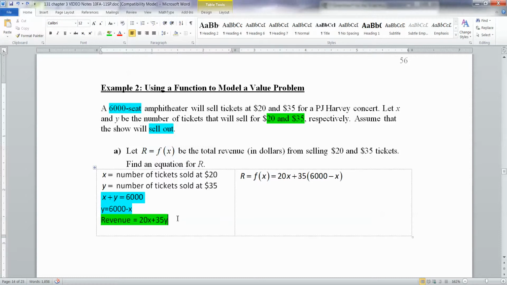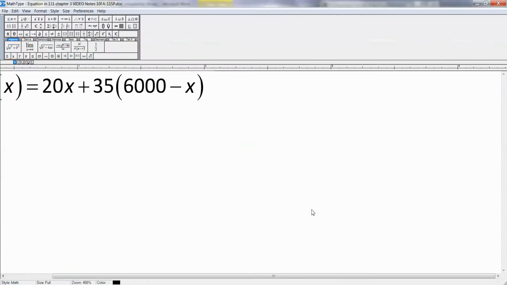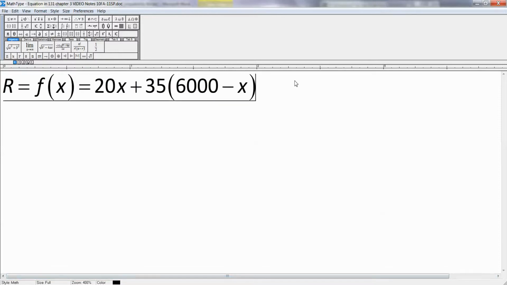Okay, so you're going to get 20x plus 35y, and then you've got to solve it for y to get rid of the y in here because you need to get rid of it and make it just x. There we go. So that was what they were looking for, is this guy right here. Now, the only issue is that it's not really simplified, which is kind of not good. So we should probably make it so that it's all simplified.